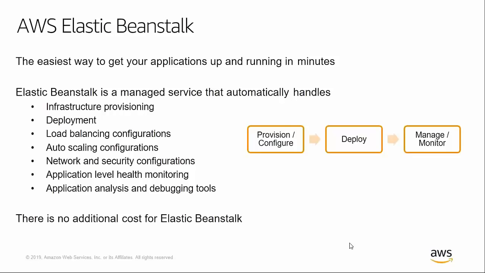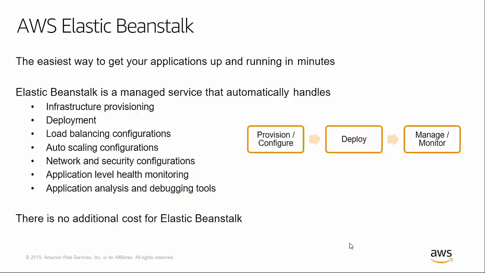So Elastic Beanstalk is the easiest way to get your application up and running in minutes. So today, Elastic Beanstalk supports running your web app on EC2 instances and on ECS for containers. And we really handle everything from end to end for you. We handle the provisioning and the configuring. We handle the deployment.